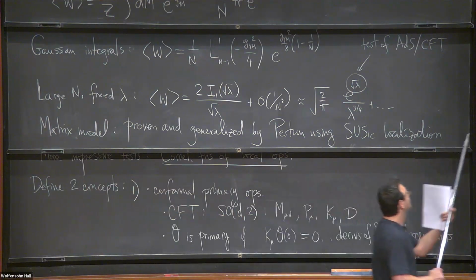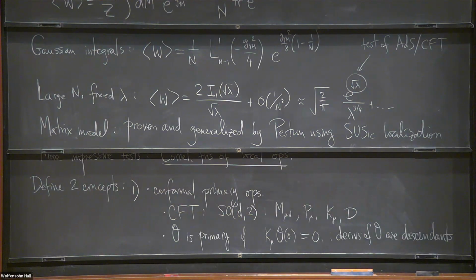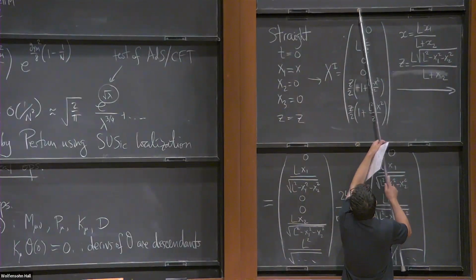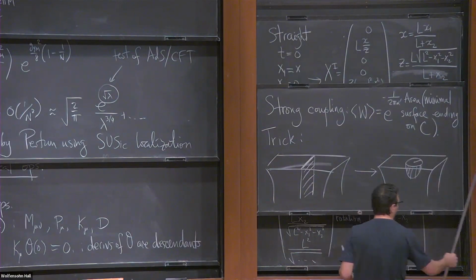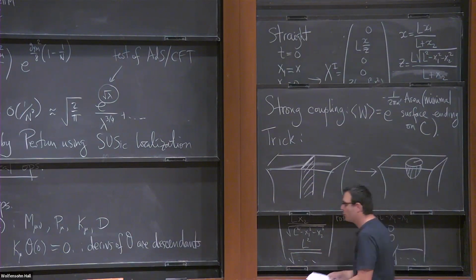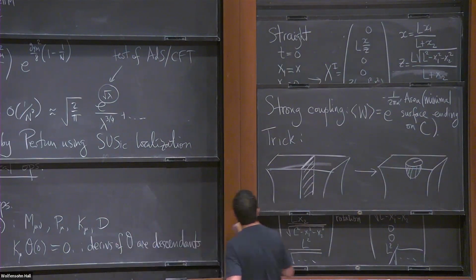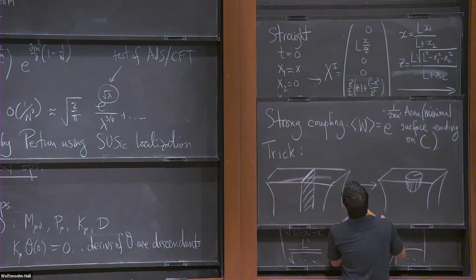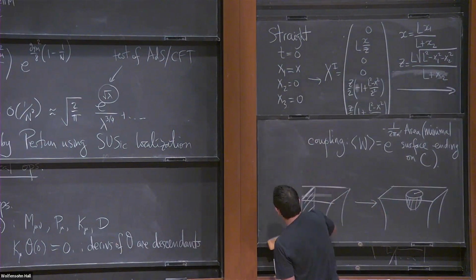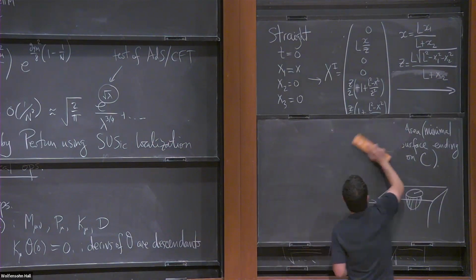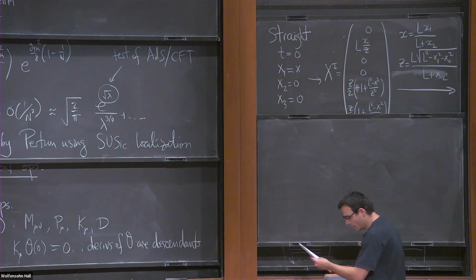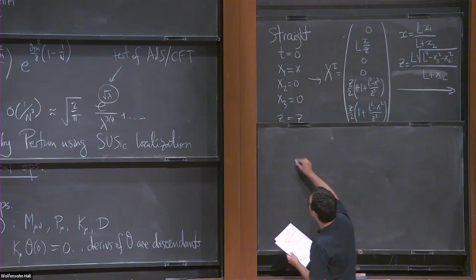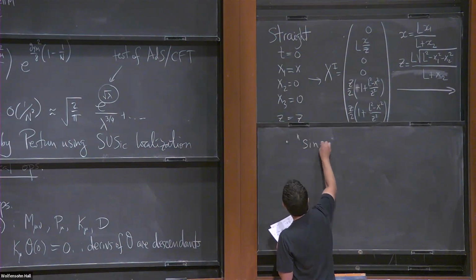The second concept that's needed is related to the fact that we're in a gauge theory with a parameter N, and we're taking N to be large. The concept is single trace operators.